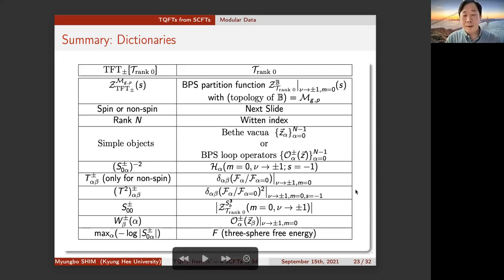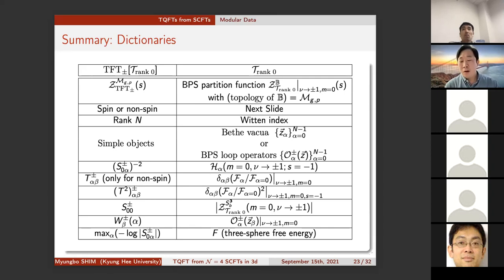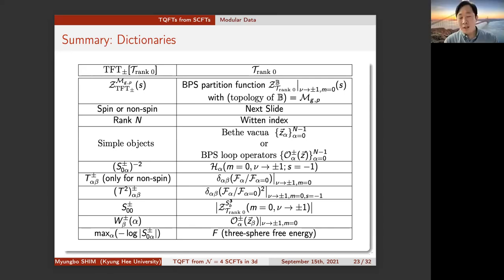And also we can compute the W-matrix to complete the entries of the S-matrix. In addition to this, we accidentally found a map between the S-matrix component and the three-sphere free energy of the superconformal field theory in the IR fixed point.